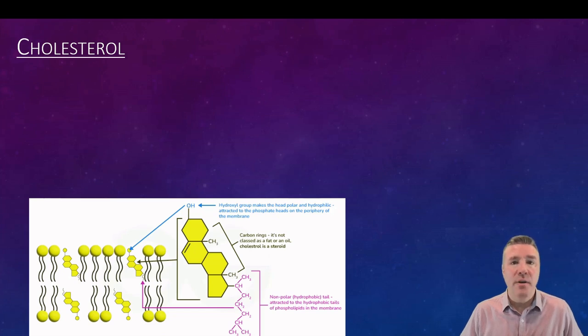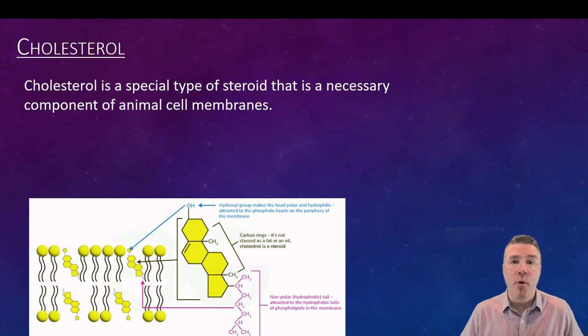Cholesterol has a characteristic steroid structure made up of 4 fused hydrocarbon rings. Attached to this ring are several important functional groups, including a hydroxyl group, which gives cholesterol a slight polarity and allows it to interact with the polar heads of phospholipids in cell membranes, as well as methyl groups and hydrocarbon tails, which are nonpolar, allowing that part of the molecule to interact with the nonpolar portion of the cell membrane.